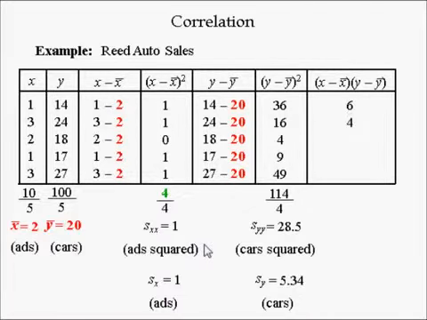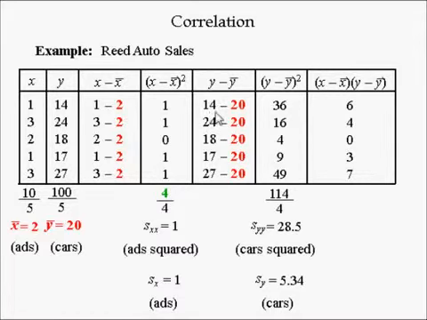The products of deviations from the sample means are computed by multiplying the values of the x minus x bar column by the corresponding values in the y minus y bar column. The product of x's first deviation from the sample mean, minus 1 ad, and y's first deviation from the mean, minus 6 cars, equals 6 ad cars.